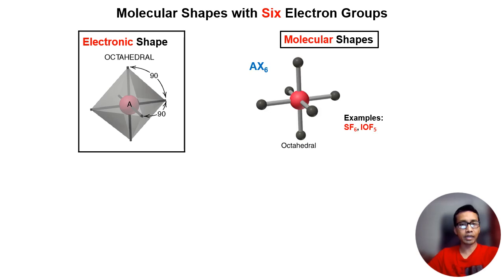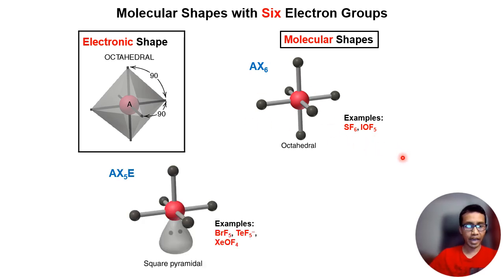Last, we'll look at 6 electron groups quickly. So we have the octahedral shape. You have a central atom and then 6 side atoms around it, and these are all bonding pairs in this picture. For example, sulfur hexafluoride, SF6, is a very good example of octahedral shape. Then we have another example where you have 4 bonding pairs and 1 lone pair down here.